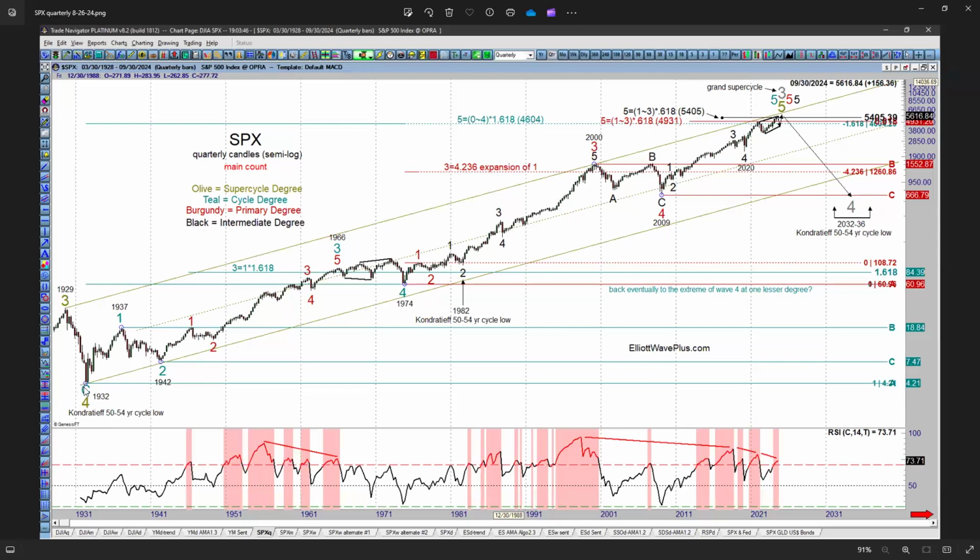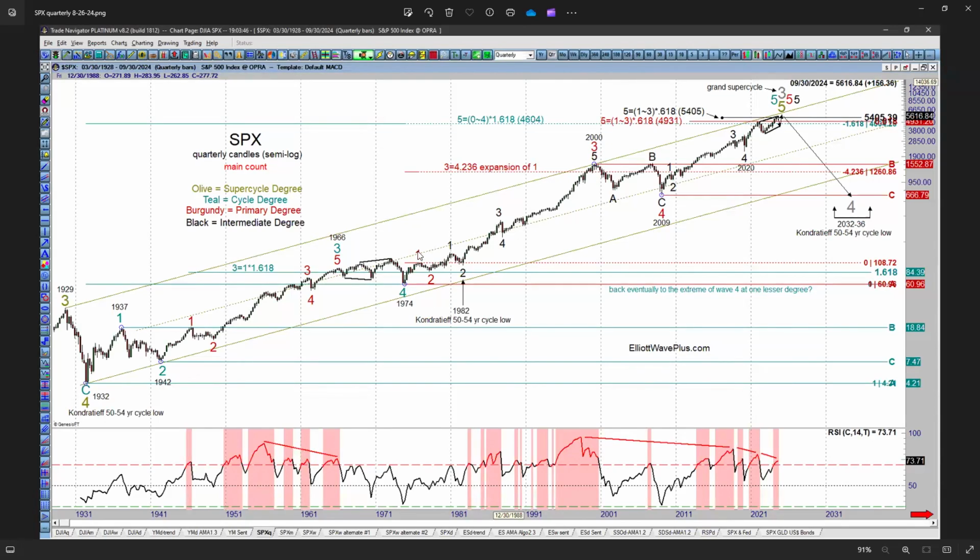So if you take the distance from the 1932 low through the 1974 low, consider that a unit of 1, and then take that times 1.618 and add that to that bottom, you get that 4604 target. That happened to be fairly close to a couple of additional important Fibonacci targets from the 1974 low.